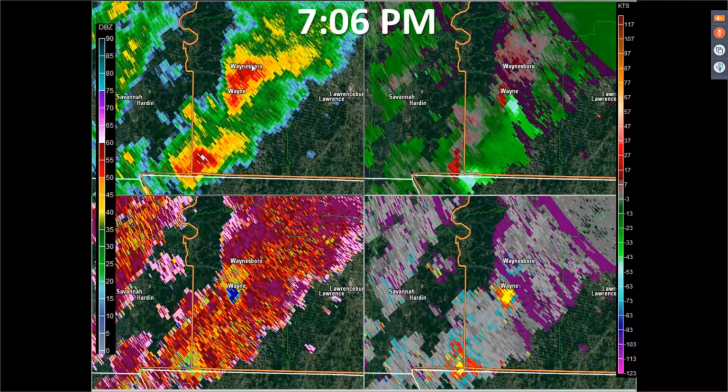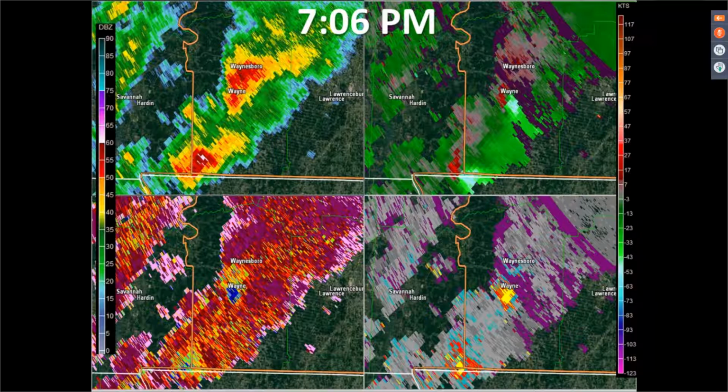So let's move ahead another 5 minutes. Can still see that storm here south of Waynesboro. It's taking on more of a hook shape now. We can even see that a little bit there just south of where it says Wayne on the image. And then there's still pretty strong rotation going on there south of Waynesboro. And look at the CC product. There's an even bigger area now of those dark blues, that really low CC. So we're seeing an expanding area of apparent tornado debris in the atmosphere at about that 9,000 to 10,000 foot level.